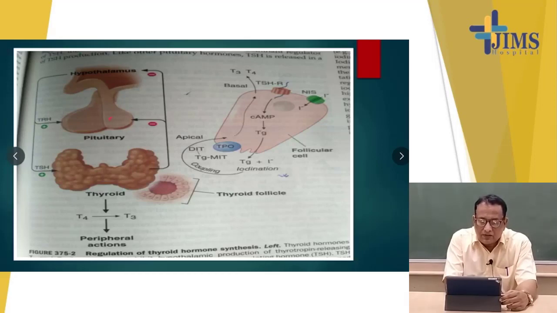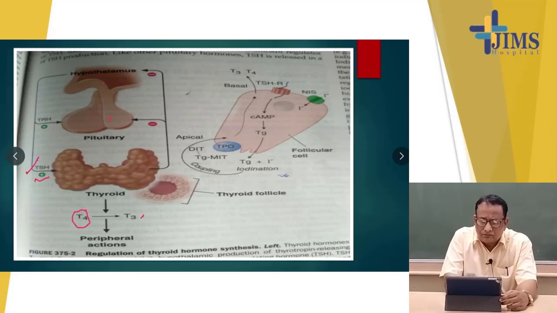From the hypothalamus, thyroid releasing hormone is secreted, which stimulates the anterior pituitary, from where TSH, thyroid stimulating hormone, is produced. This hormone comes to the thyroid gland and stimulates production of T4, thyroxine. And in the tissues, this T4 is converted to T3 in the peripheral action.